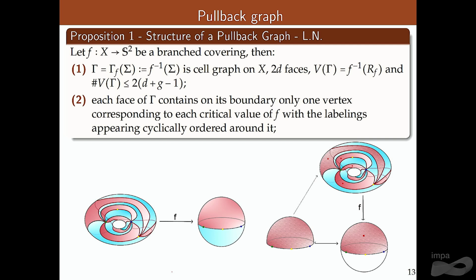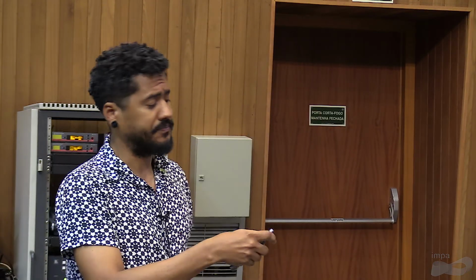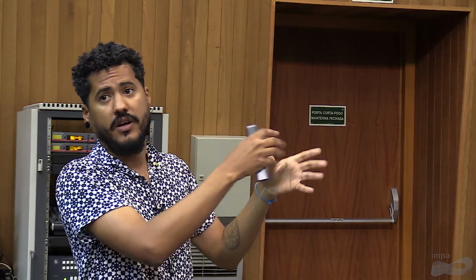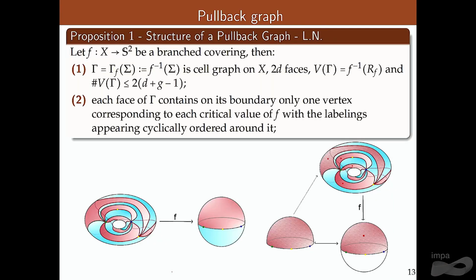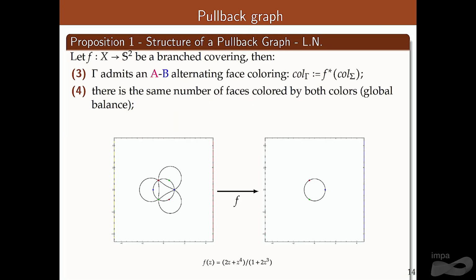So the complement of the preimage of the Jordan curve consists of topological disks, okay?